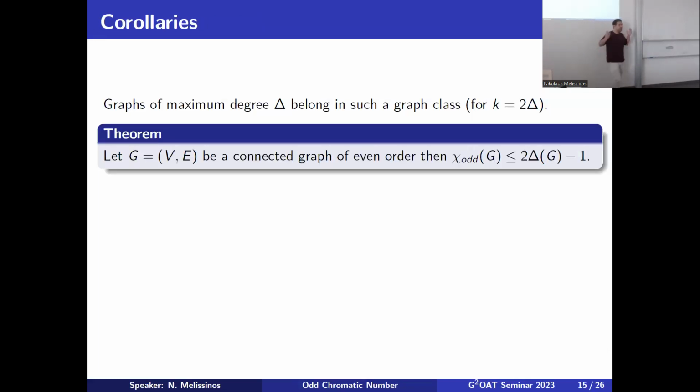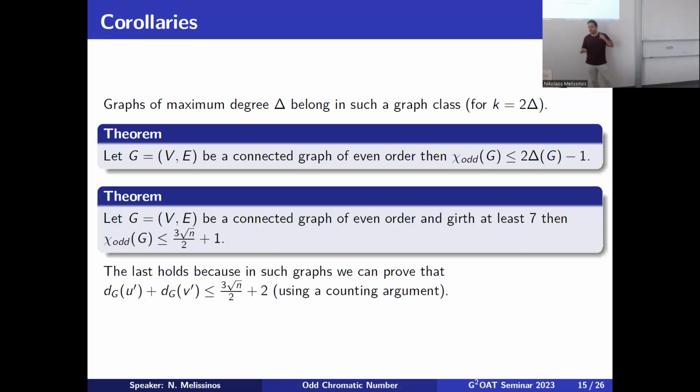So this completes the previous proof, and if you consider k to be 2 times the maximum degree, then you have the result about the maximum degree I mentioned above. And this also has another corollary, which is that for graphs with large girth, if the girth is at least 7, then the odd chromatic number is at most 3 times the square root of n over 2, plus 1.